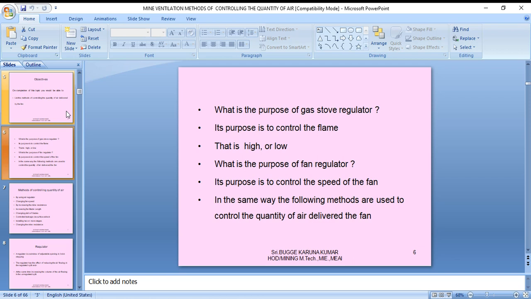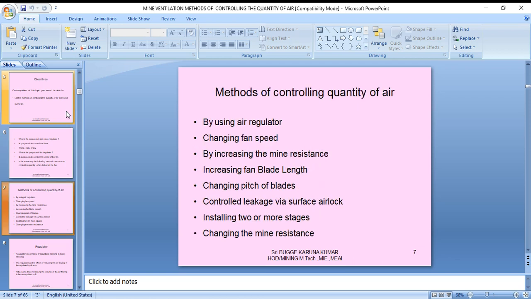These are done by the regulators. Similarly, in mines also, for the delivery of the fan, how the air will be controlled to utilize it effectively. There is a similarity.